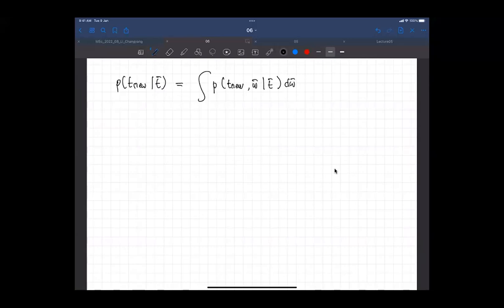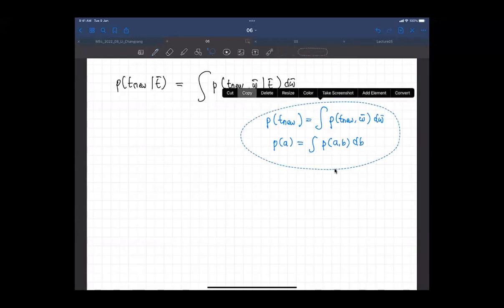This is the joint probability of W and T. If you don't understand this, imagine that P of T new is the integral of P of T new, W, P of W. Or if you are still confused, P of A equals the integral of P of A given B, P of B. Any questions here? If you don't have questions on that, that's called marginalization.